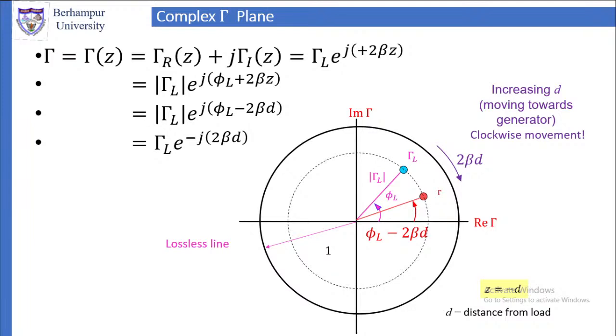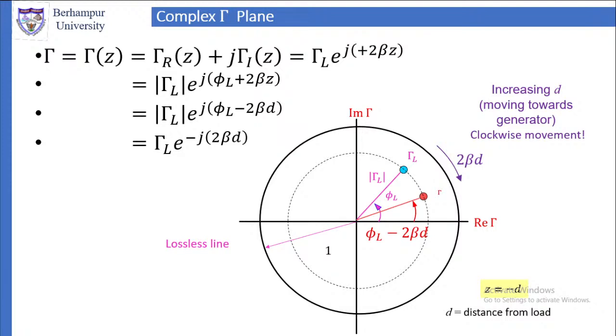This means we have to move from the gamma L point by an angle in the negative direction, by an amount of 2 beta d. That is shown by the red dot. So we have moved an angle 2 beta d from the gamma L point to the gamma point.